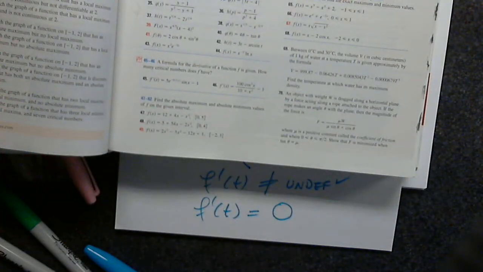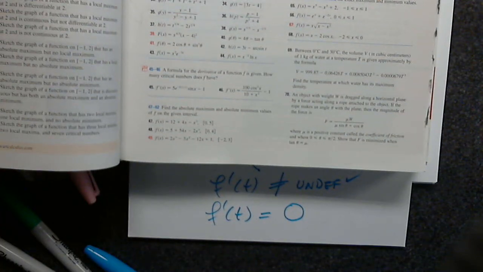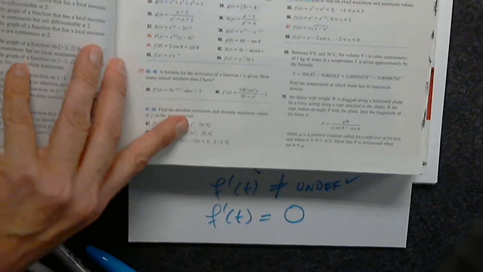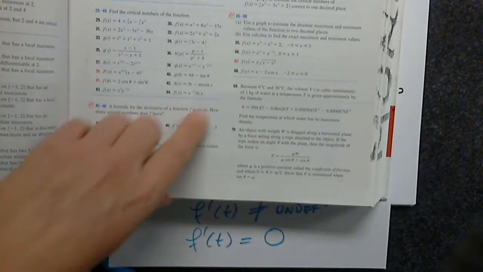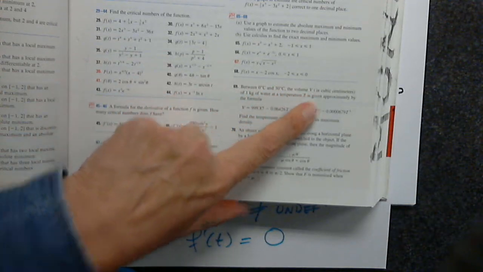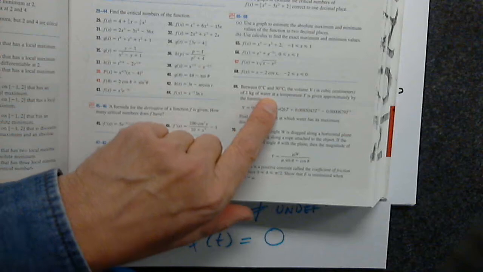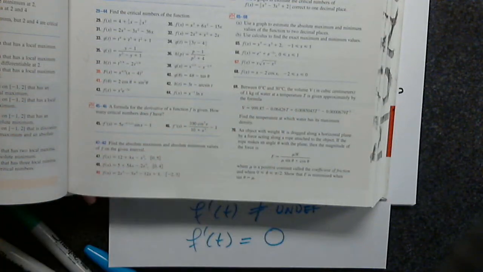So let's just read this word problem quickly, and then we'll decide whether to look at rational functions first, and then look at this word problem. So let's read it together. Between 0 and 30 degrees Celsius, the volume V in cubic centimeters of 1 kilogram of water at temperature T is given approximately by the formula. So we have a function which is V of T, V of uppercase T. It's a cubic function.